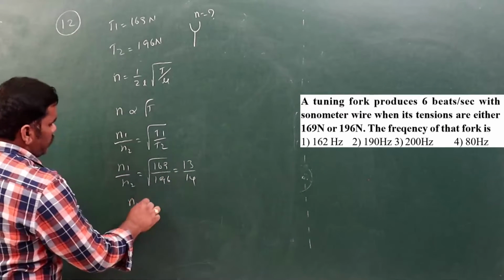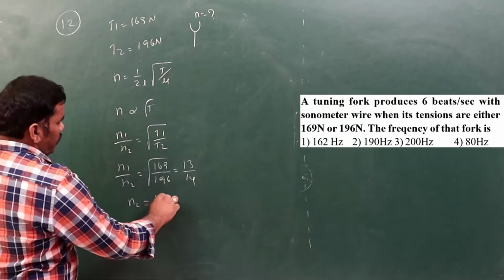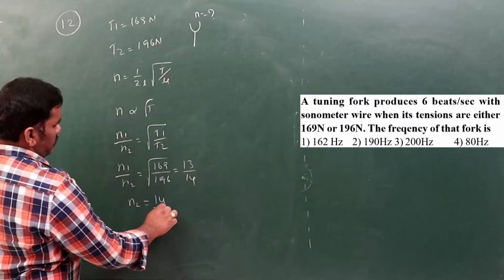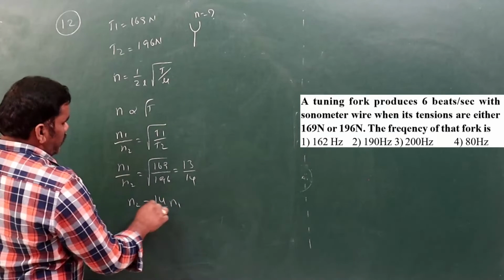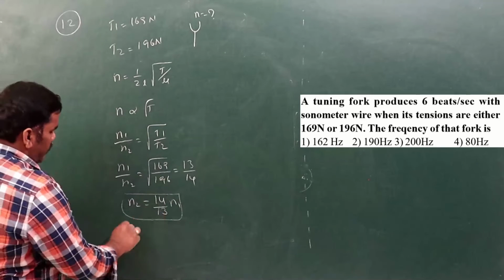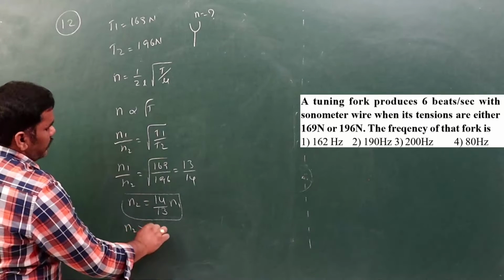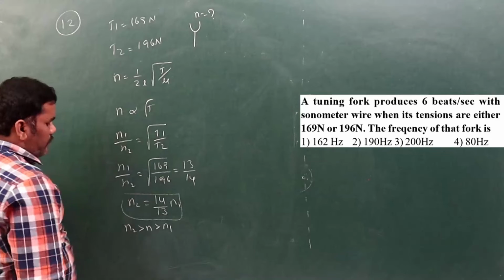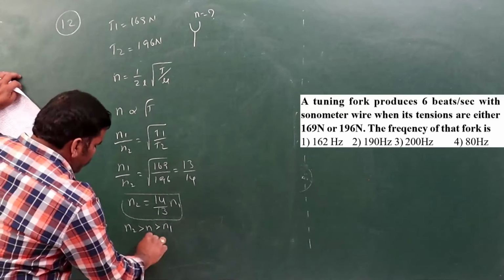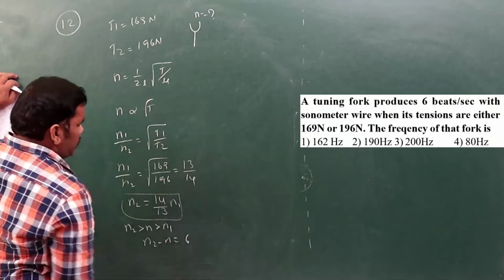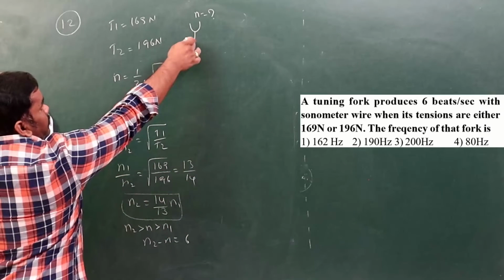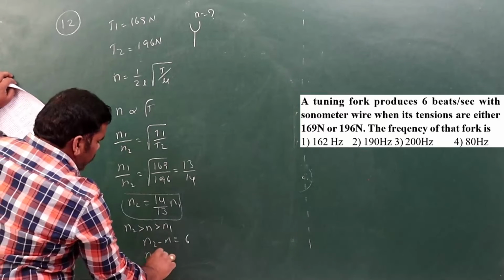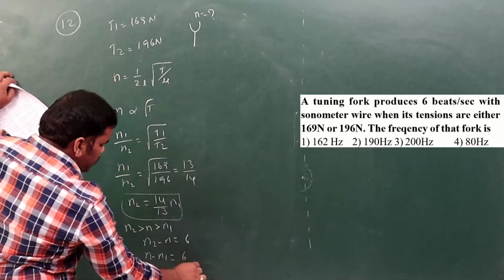Here n2 is equal to 14 by 13 n1. So n2 is greater than n, greater than n1. So that means n2 minus n1 is equal to 12, since we don't know the original tuning fork frequency n, but n minus n1 is equal to 6.